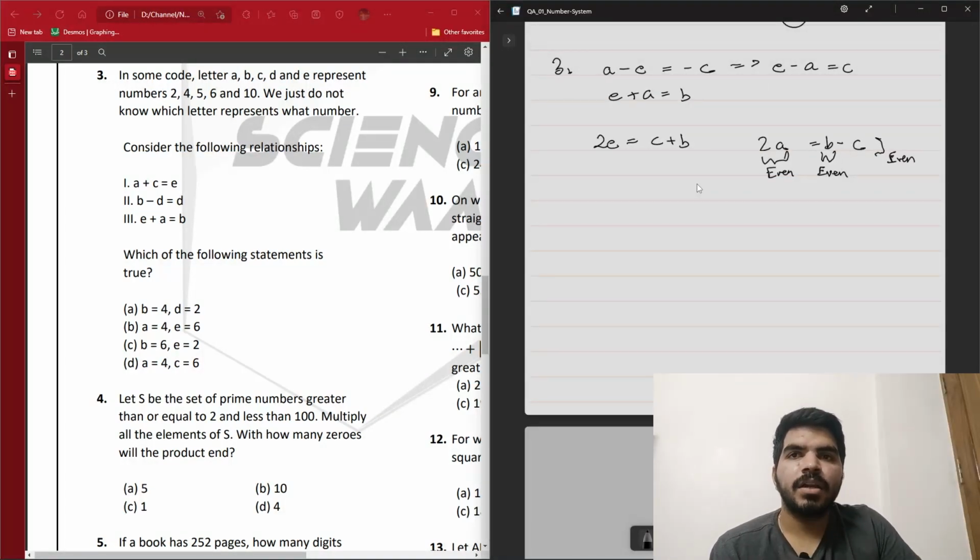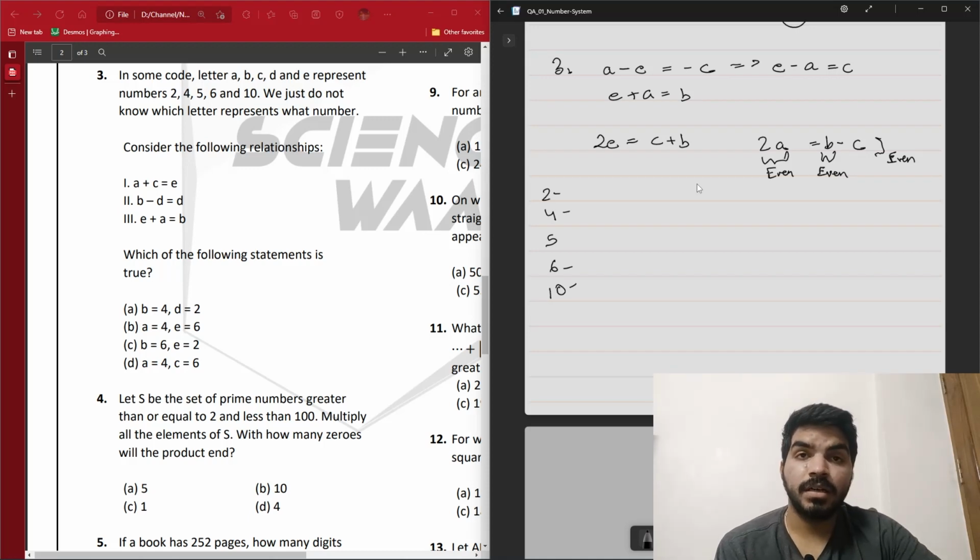Now I'm able to figure out that this B is 10. How? These 2, 4, 6 and 10 are available with us. So B minus C. B and C must be from either 2, 4, 6 or 10.